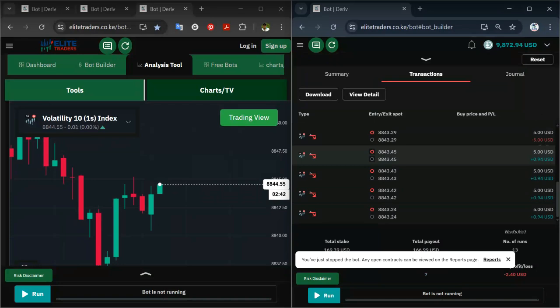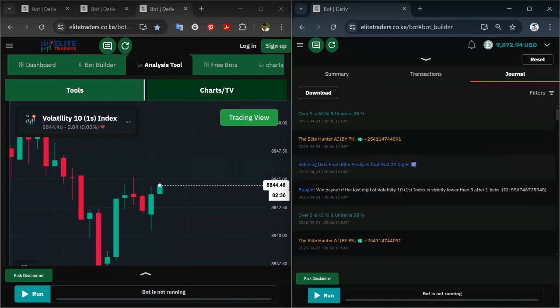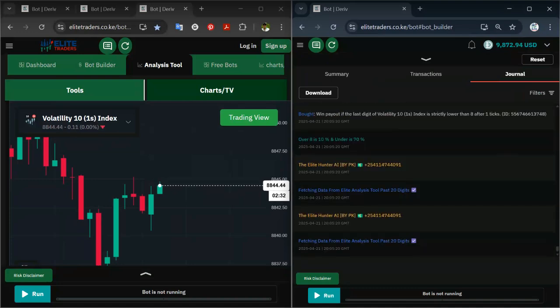Because we are trading under, the candlestick should be on a fall. Then candlestick isha assume ile direction yake ianze kurise. What will actually happen? Itaanza kukupiga losses. The market will start hitting losses. That's why I said when you are trading these markets with low payouts, make sure unaangalia characters.